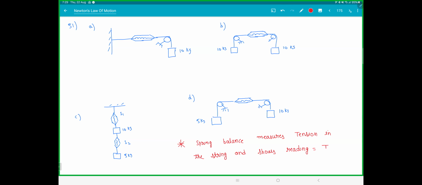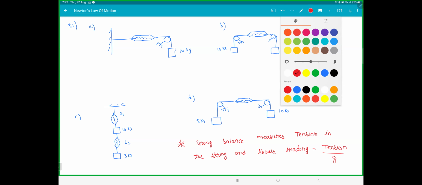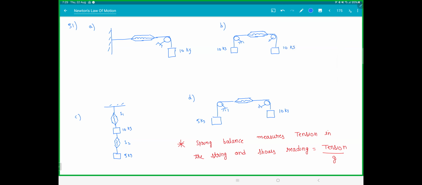So it will measure whatever tension is there and divide by g, and show that as a value. Just like a weighing machine measures normal reaction divided by g. So in all four cases, find the reading of the spring balance. Spring balances simply measure the tension in the string and divide by g. Let's get them.